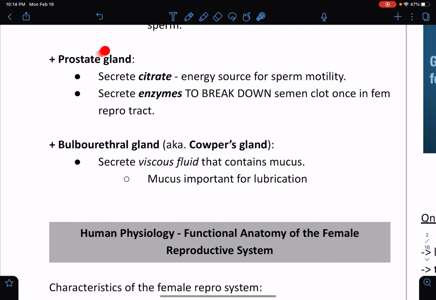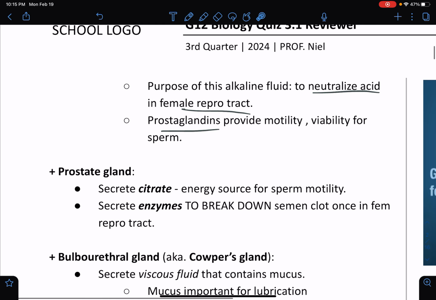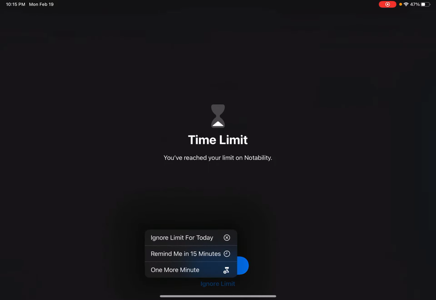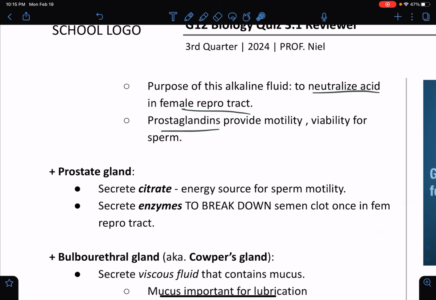So the prostate gland secretes two things. One is citrate, the other is enzymes. For citrate, this is going to be the energy source for sperm motility. So what provides motility? Prostaglandins. But what provides the energy? What provides the energy for the motility is citrate coming from the prostate gland.